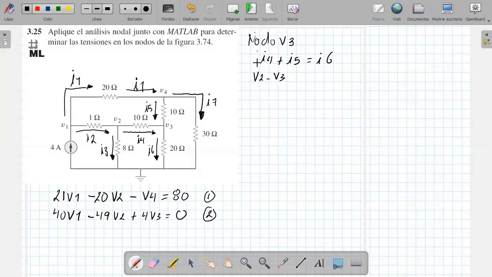The I5 would be V4 minus V3 over 10, and it's also equal to the current I6, the one that goes down, which would be V3 over 20.